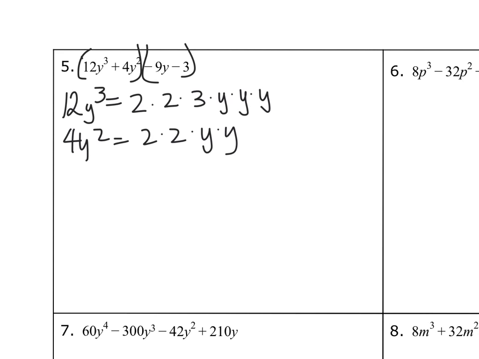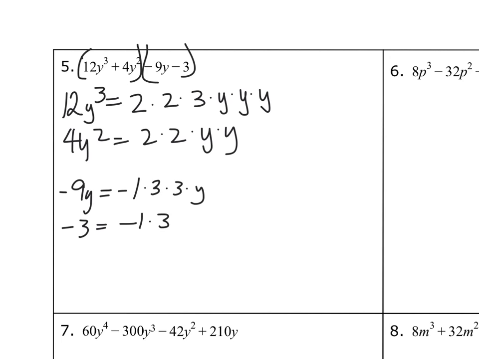That's not so bad, right? And I've got -9y. That's -1 times 3 times 3. I saw lots of people get that. Nicely done. And then -3. That's -1 times 3. So far, so good? Everyone was okay with the factoring? We're getting better at that.